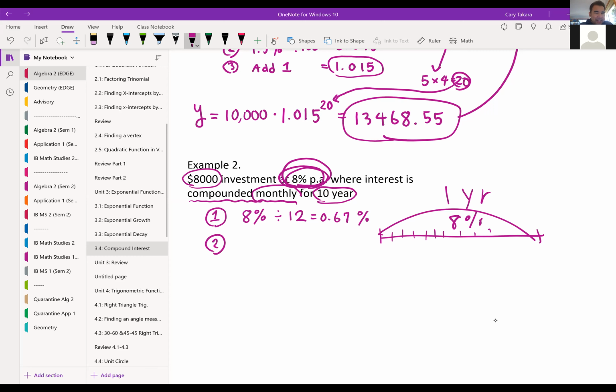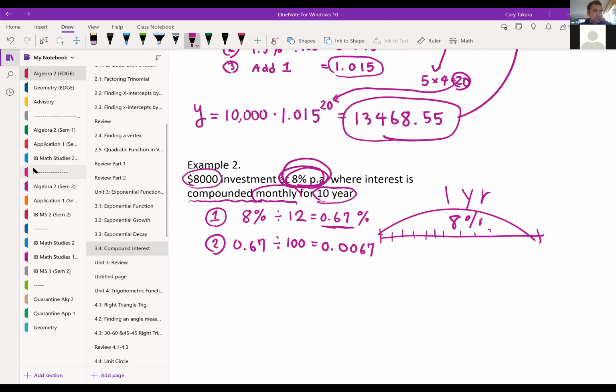Second step. Even though it is already a decimal number, 0.67, it is still a percent. It's a fraction of 1%. So we need to convert that into decimal form. We need to divide by 100. You can't skip that. So it will be 0.0067.